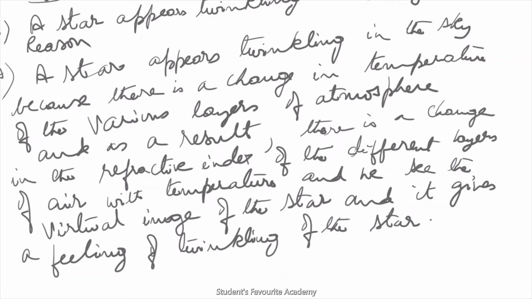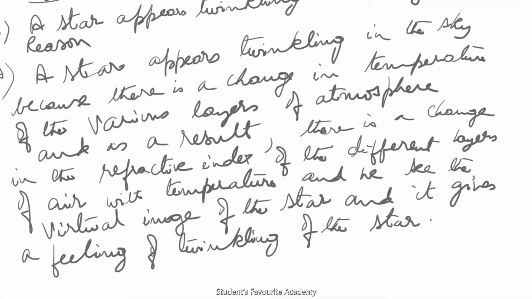Okay, so we have learnt about twinkling of stars. We have learnt that the sun appears for longer after it has set, and also it appears before it has actually risen, and a coin kept in the vessel, and we have discussed the print appears raised when a glass slab is placed over the printed content.